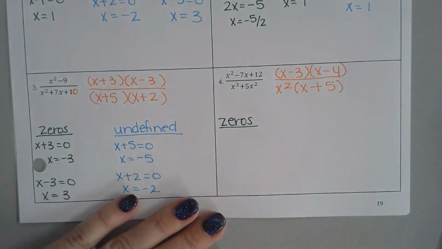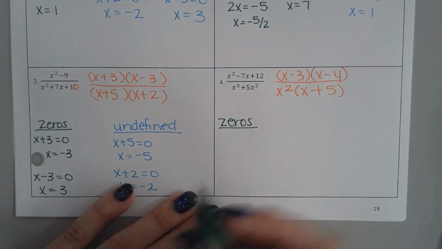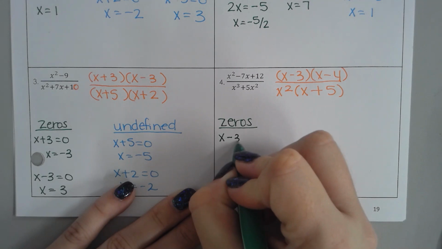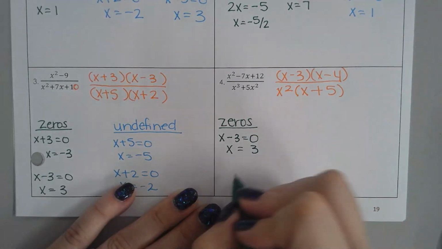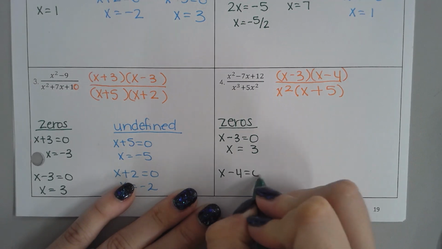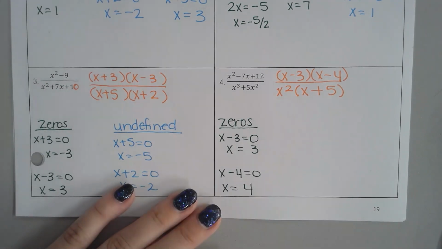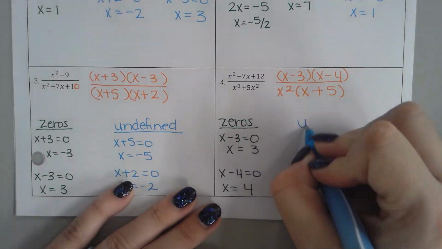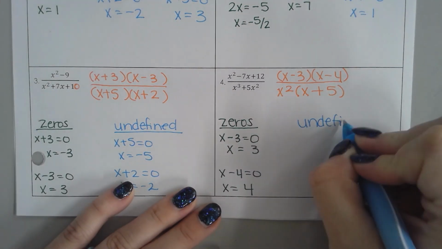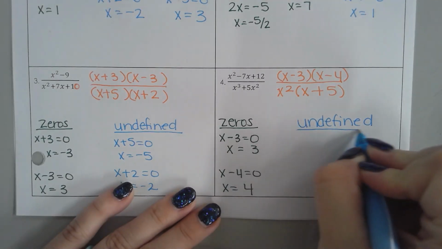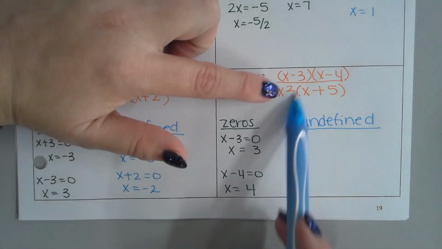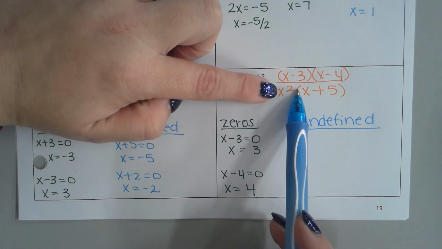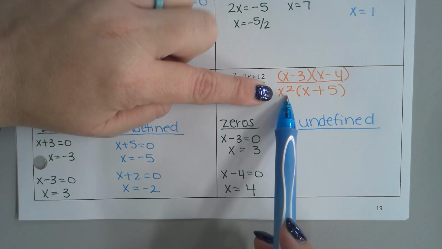So my x-intercepts or my zeros, we set the numerator equal to 0. And my function is undefined when the denominator is equal to 0. So I will need to set x squared equal to 0. That's different from number 2.